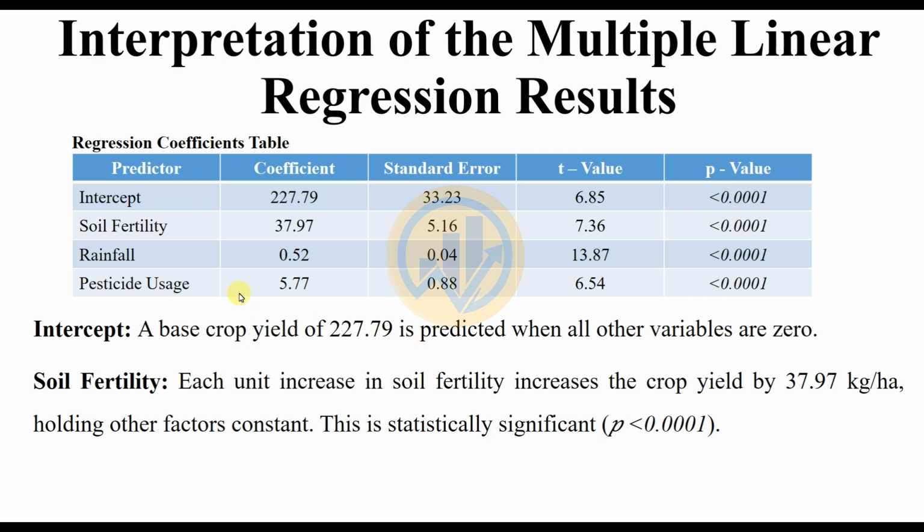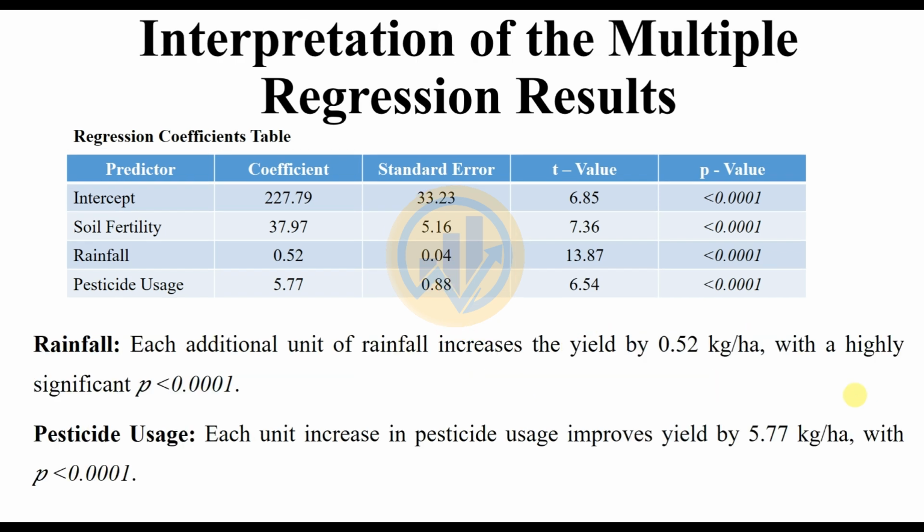The next predictor is soil fertility. Each unit increase in soil fertility increases the crop yield by 37.97 kg per hectare, holding the other factors constant. This is statistically significant at p less than 0.001. The next predictor is rainfall.